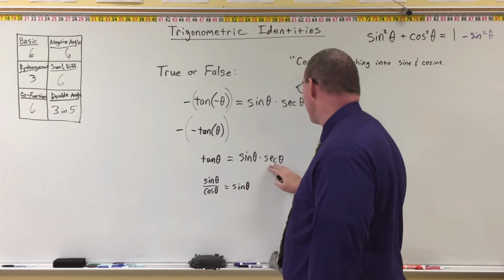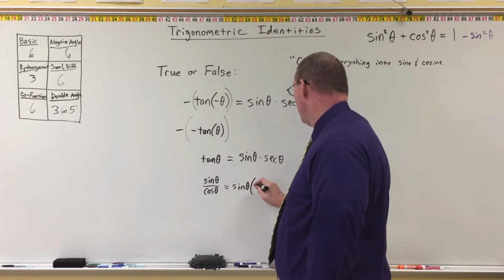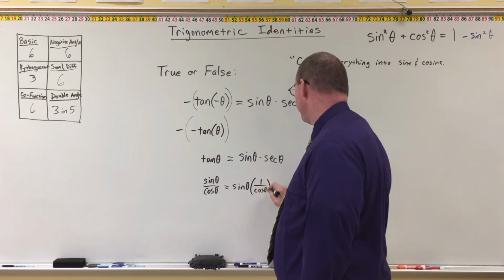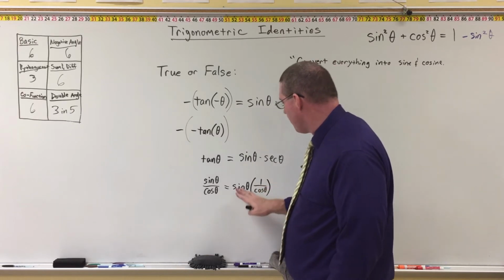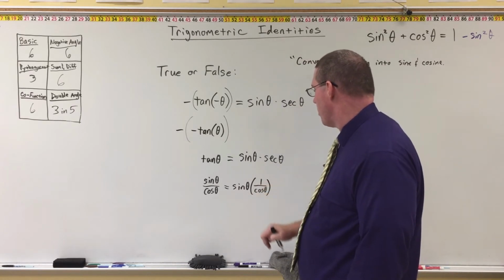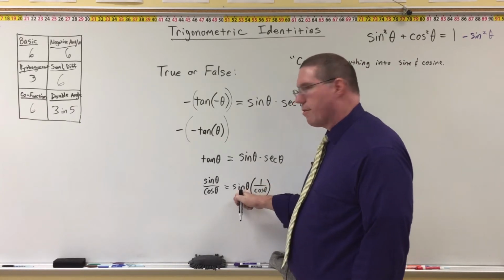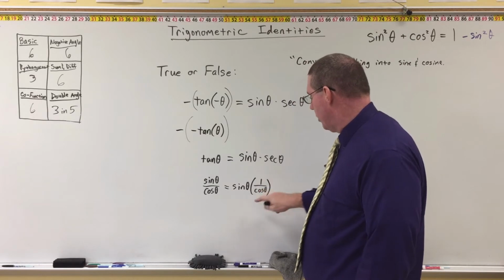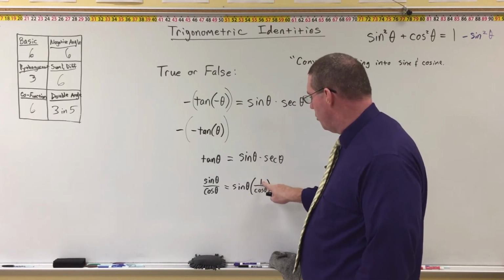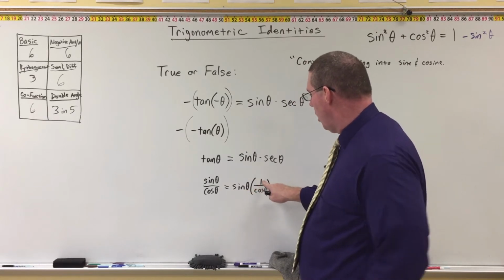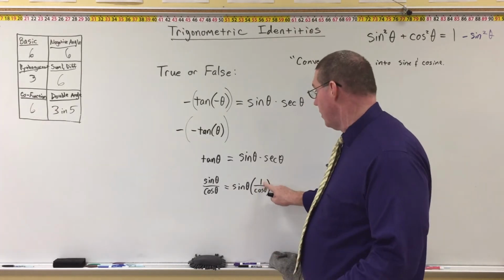That doesn't have to be converted, but secant, isn't that equal to 1 over cosine of theta? And now over here I have sine of theta times 1 over cosine of theta. Anytime you're multiplying something by a fraction, this is always going to be multiplied by the numerator. So sine of theta times 1 becomes sine of theta in the numerator.